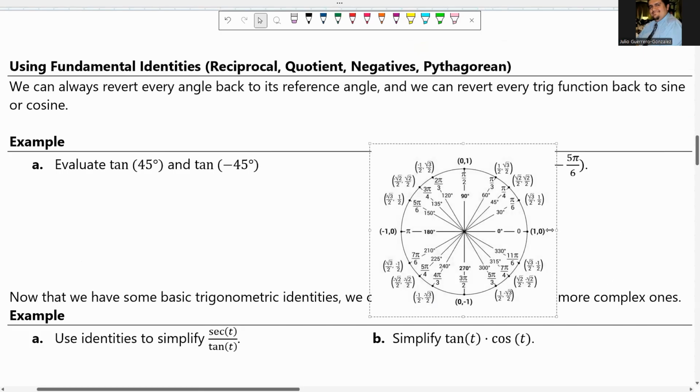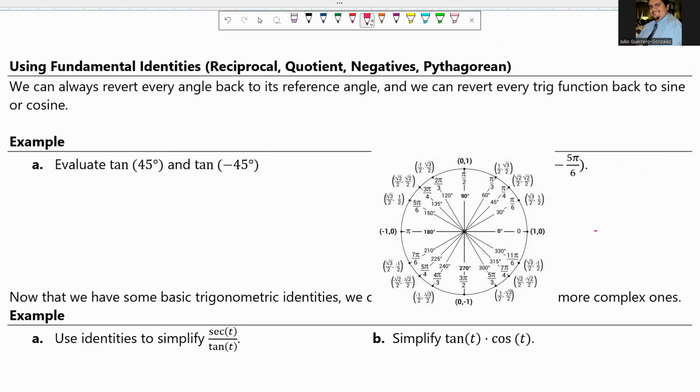So let's say we had to do tangent of 45 and tangent of negative 45. Hopefully you guys remember. Here's my initial side out this way. Negative 45 degrees, well, let's do the positive one first. We go this way to 45 degrees. So we are looking at this one.